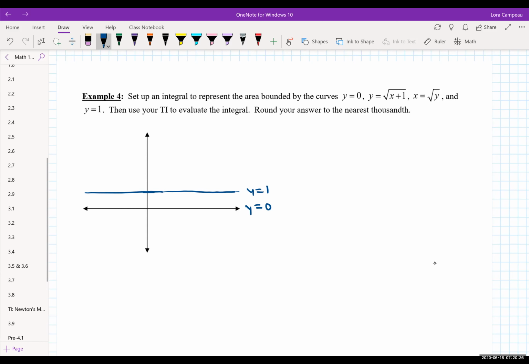Now let's look at trying to graph the other ones. So y equals square root of x plus 1. I know that that's like y equals square root of x, but it's shifted to the left 1 unit.